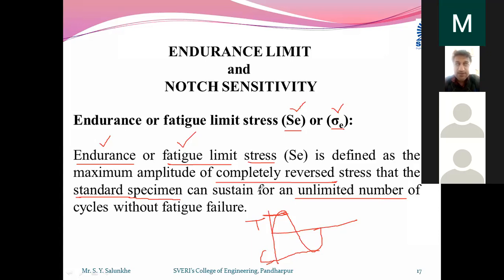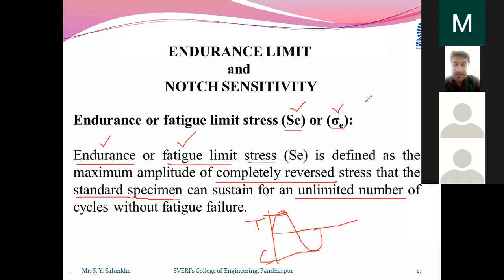That is nothing but we go on applying that amount of stress, and if that particular component is in working condition, it has to sustain those cycles for an infinite number of cycles, right, without fatigue failure. So that is called endurance limit stress, or fatigue limit stress.